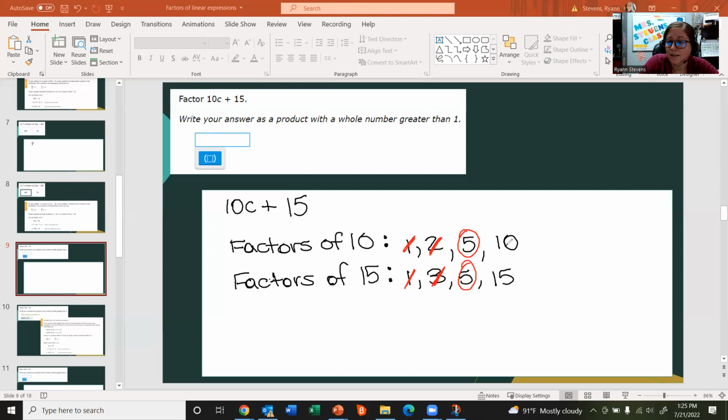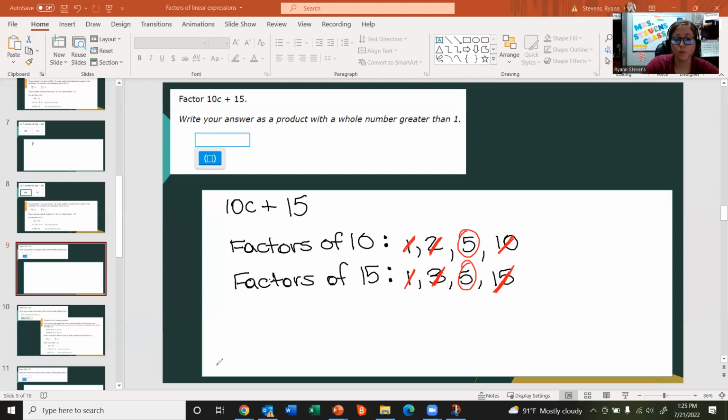Then we have 10. 10 can go into 10, but can't go into 15, and 15 can go into 15, but cannot go into 10. So the common factor of 10 and 15 is 5.